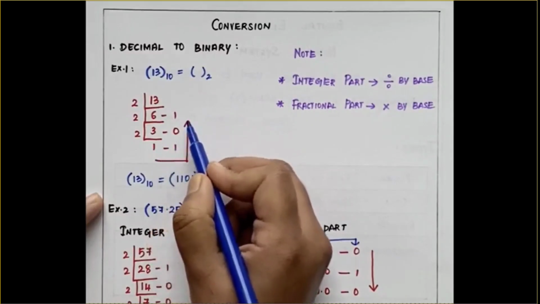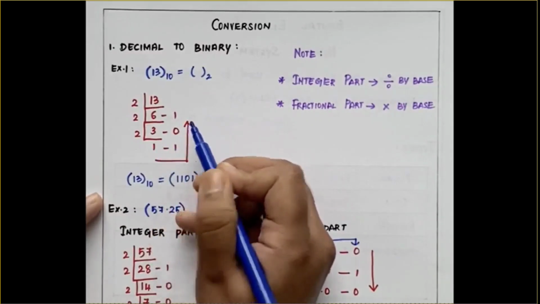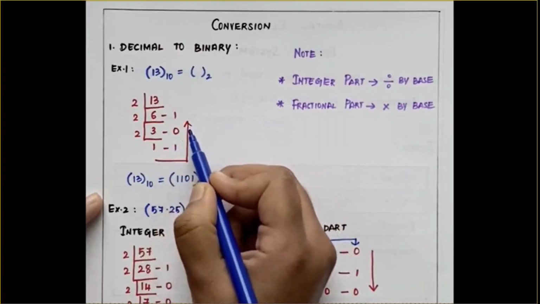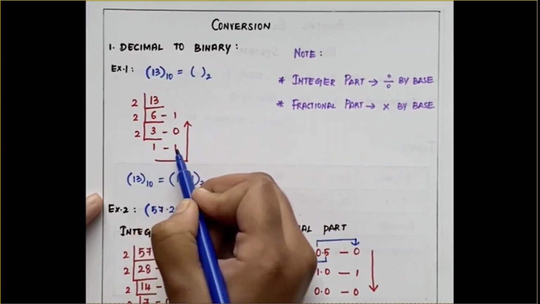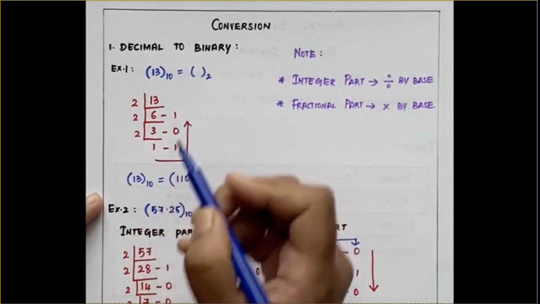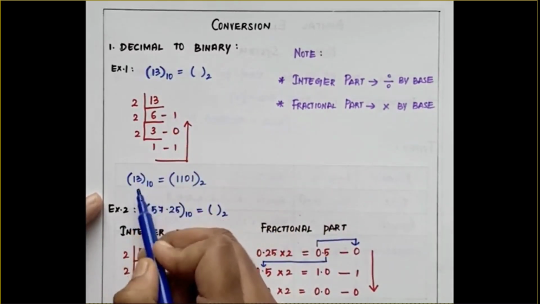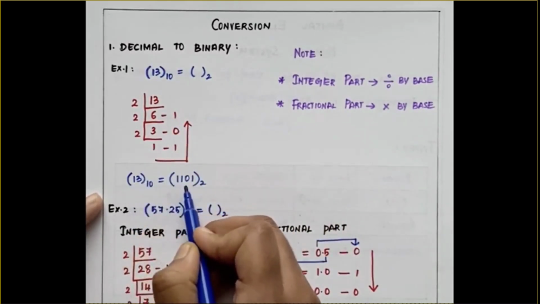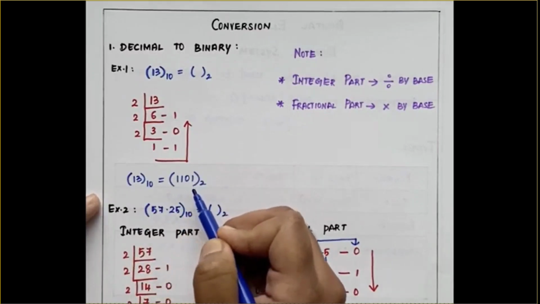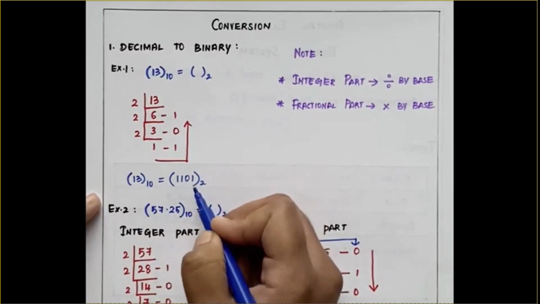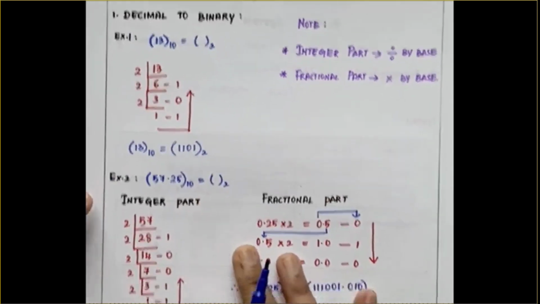Starting with the last digit 1, we move along the direction: 1, next 1, 0 and 1. That is the equivalent representation for the given decimal number 13, which is 1, 1, 0, 1. So this is how we convert a decimal number into its equivalent binary number.